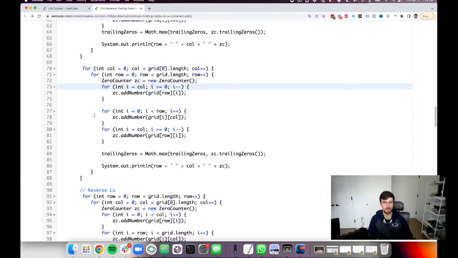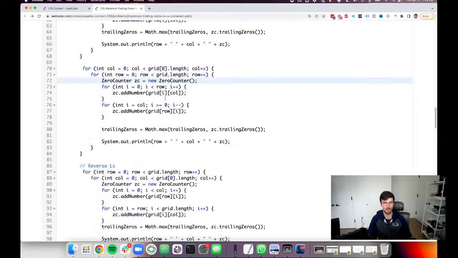So if this is a backwards L, it's like let's iterate across the row and then go up. Okay, I think that's fine, because that's going to create a backwards L shape.